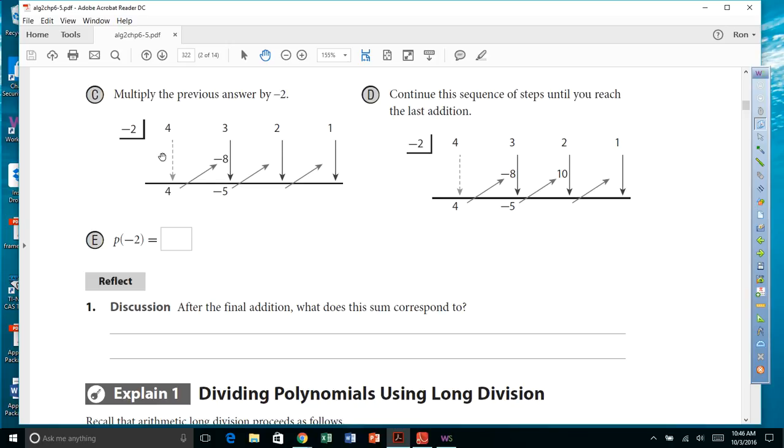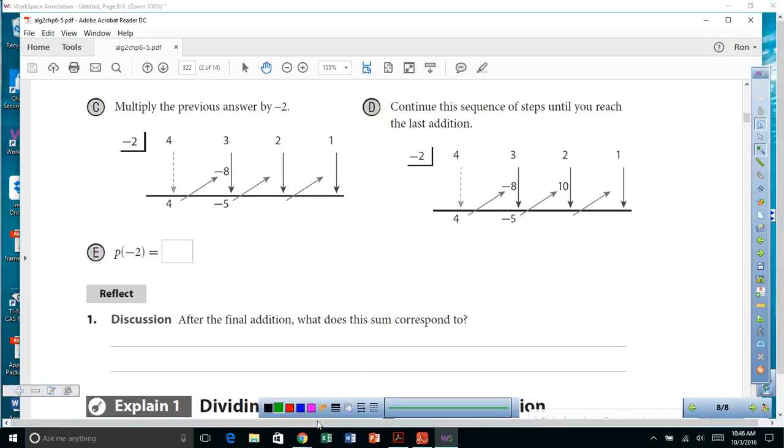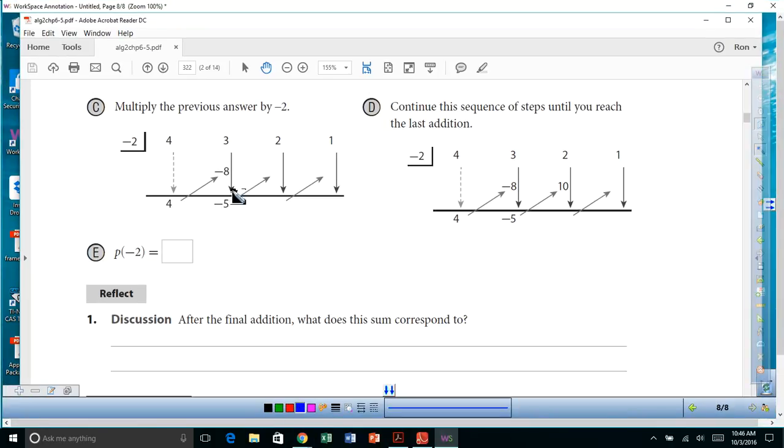Negative 2 times negative 5 gives you 10. 2 plus 10 is 12. Now we take the negative 2, multiply it by 12, and we get negative 24. 1 plus negative 24 gives you negative 23. That's what we got last time, wasn't it? So P of negative 2 is negative 23.